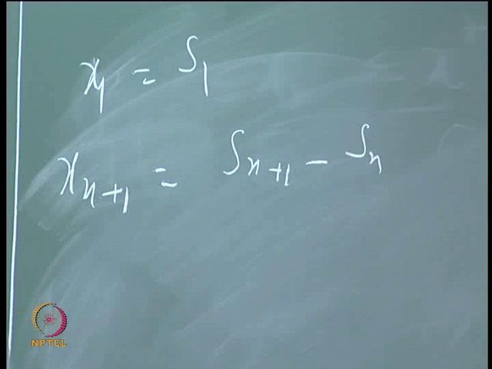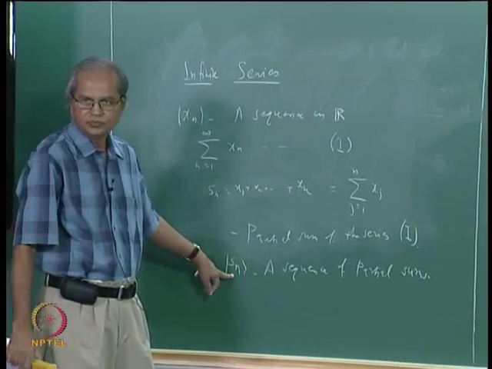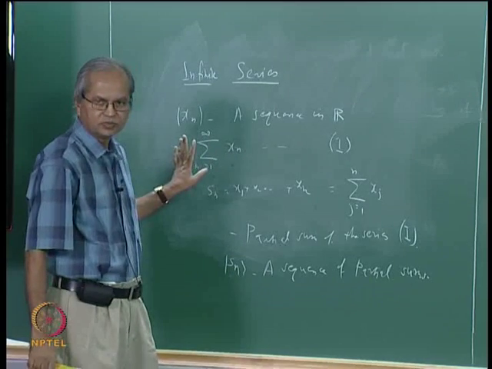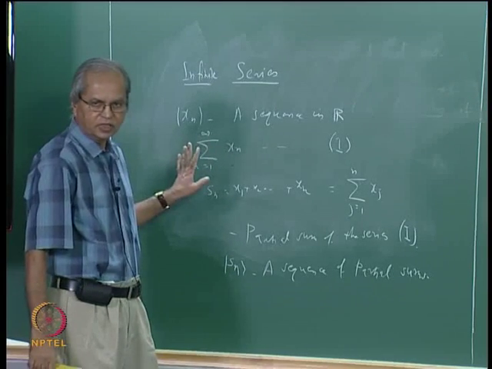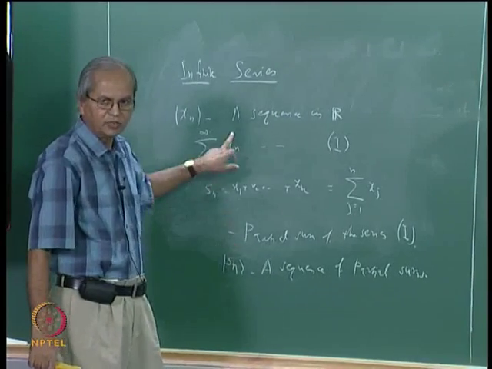So we just look at this sequence Sn, and if this sequence converges, we say that the series converges, and whatever is the limit of this sequence, we call that the sum of the series.